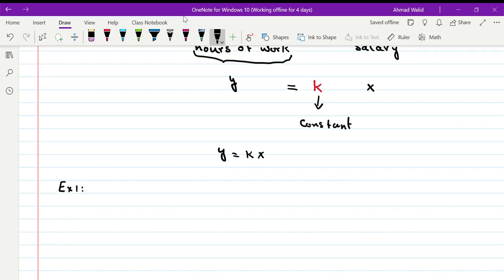For example, you are traveling from point A to point B, from one city to another city.